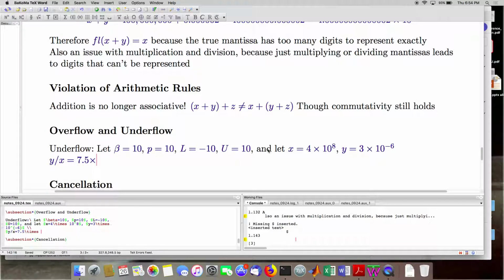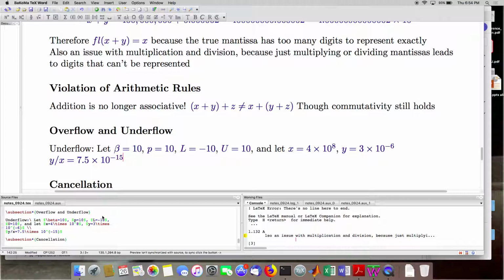But then I also have 3/4, which is 0.75. I want to normalize this, so I have 7.5 times 10 to the minus 15th as the exact result. But this goes outside of the range of allowed exponents. Exponents cannot be less than minus 10.